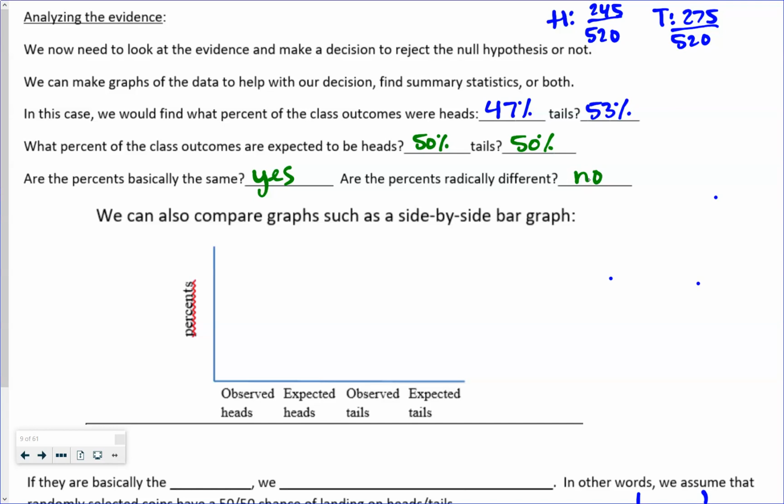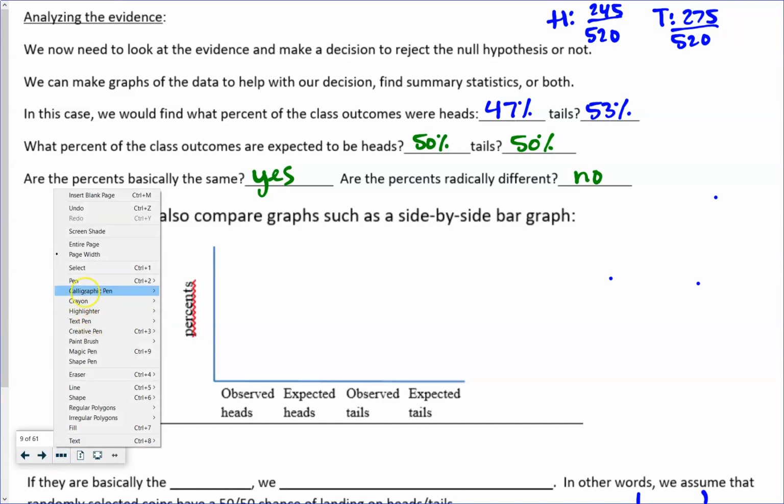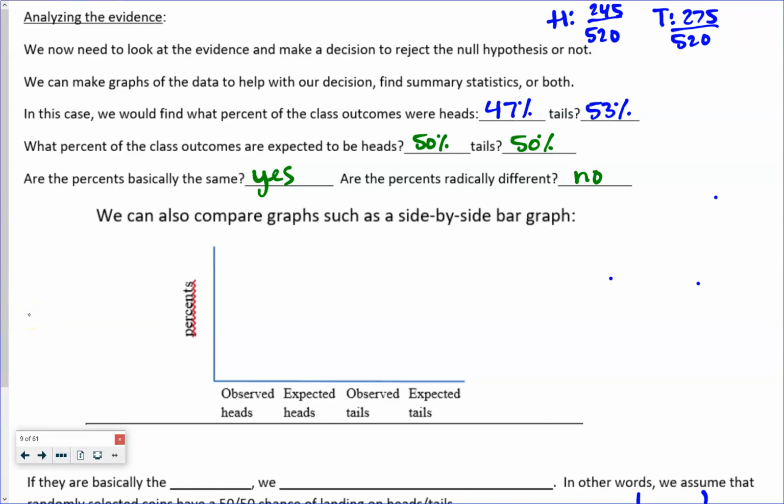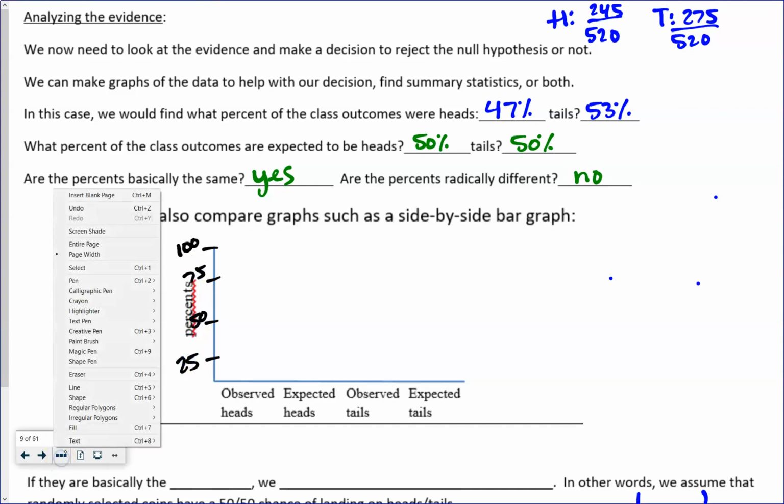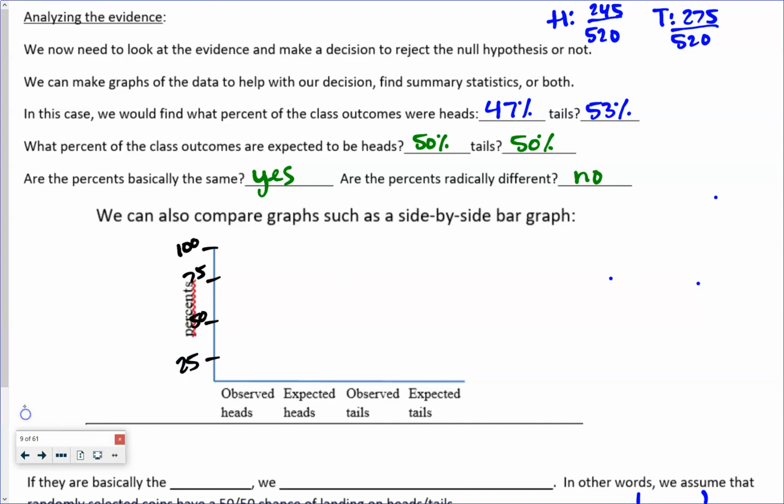Okay, we are also going to make a little bar graph here. So for my percentages, I'm going to do 25, 50, 75, and 100 on the side. All right, so what did we observe? We observed 47% of heads, and this is our heads.